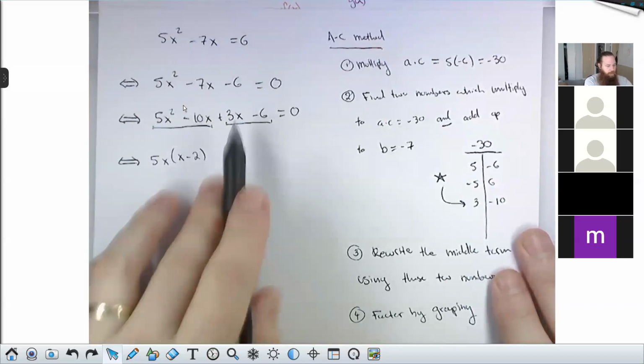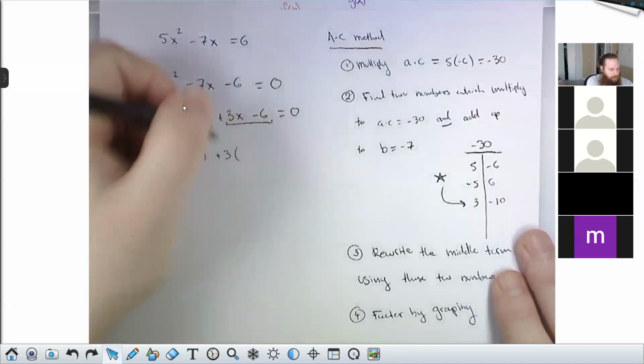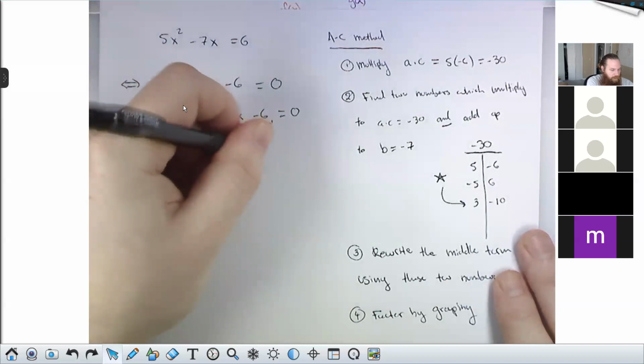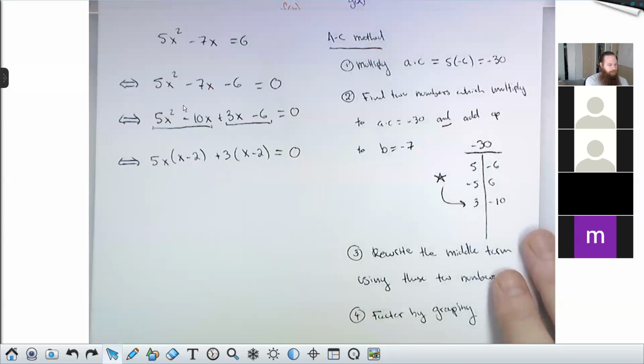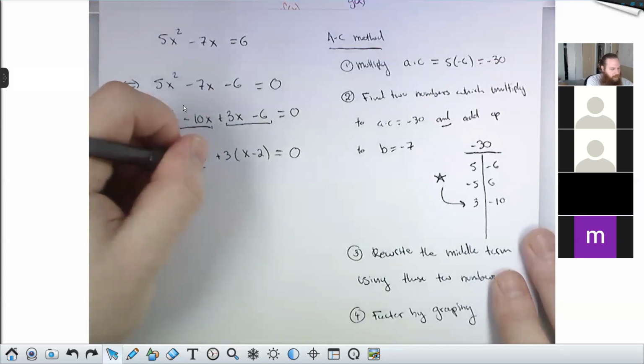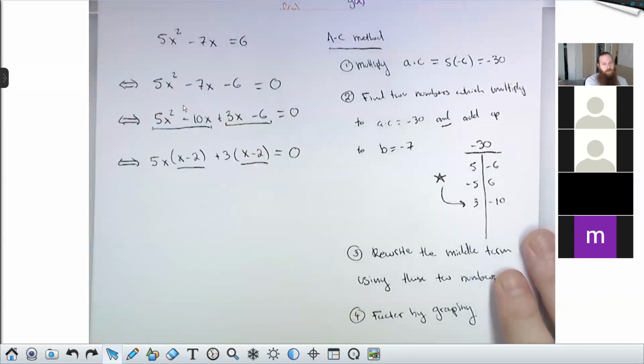From the second group, I can pull out a 3. So I'll have plus 3 times, and again here the leftover bit is x minus 2. And it's all still equal to 0. Now the x minus 2's are common, right? Both of these pieces have a factor of x minus 2 that I can pull out on the right.